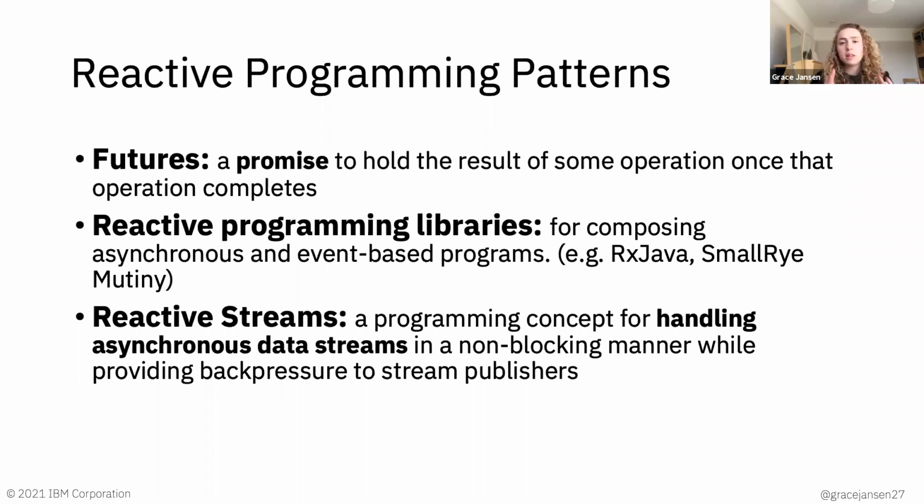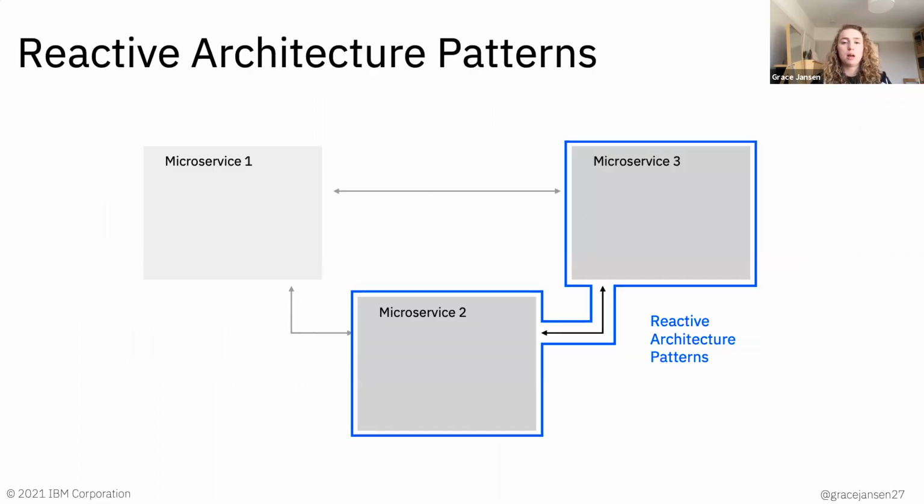So that's within the microservices, but what about between the microservices? What if we take a step back and look at the architecture as a whole? This is where we can introduce reactive architectural patterns: how our microservices interact with each other, and how they interact with third-party or external services, for example message brokers.